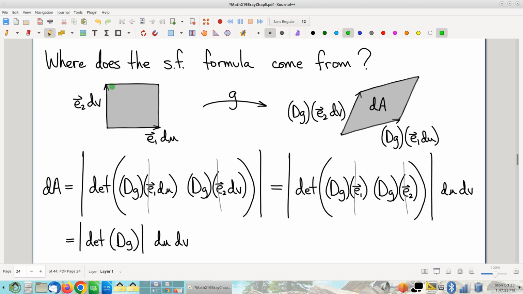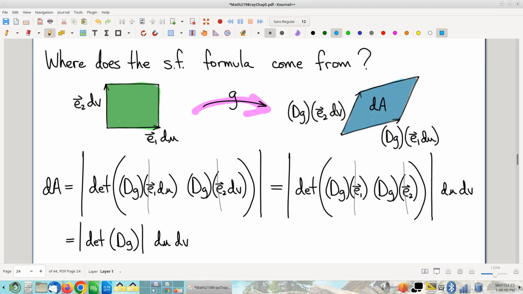Reminder, the big idea is that I have a little piece of area in the UV plane, which, when it goes through my change of variables function, will turn into a sort of parallelogram-ish piece of area in the xy plane, and the stretching factor needs to be the factor that I multiply by the green area to get the blue area.